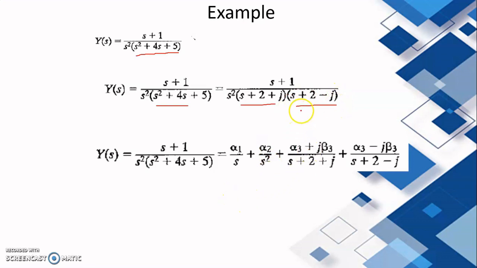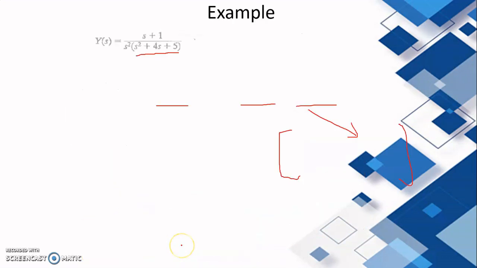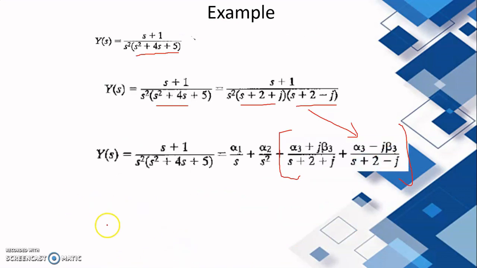From this, you can rewrite into this expression as I mentioned just now, in the form of a1 plus jb1. In this form we will use a3 plus jb3. Why 3?